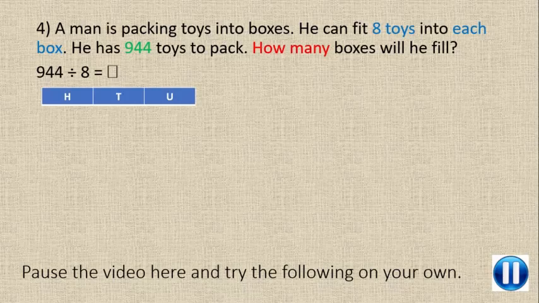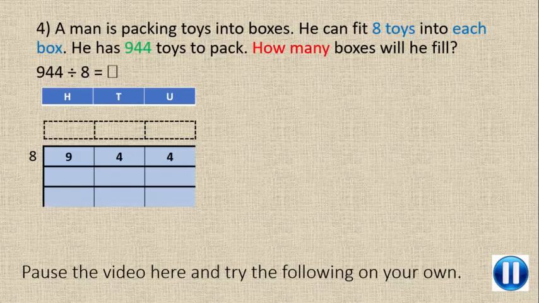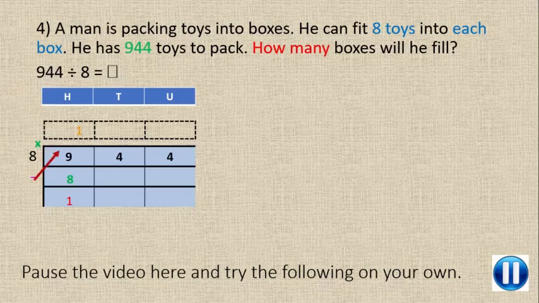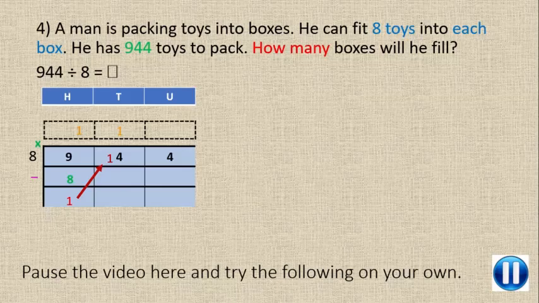So let's do our division. We have our hundreds, tens, and units. We have a dividend of 944 and our divisor of 8. Our first step, divide. 8 goes into 9 once, and we put our 1 in our answer block. We then multiply. 1 times 8 is 8. Subtract. 9 minus 8 is 1. We bring up our 1 to become 14. 14 divided by 8, it goes in once. 8 times 1 is 8.